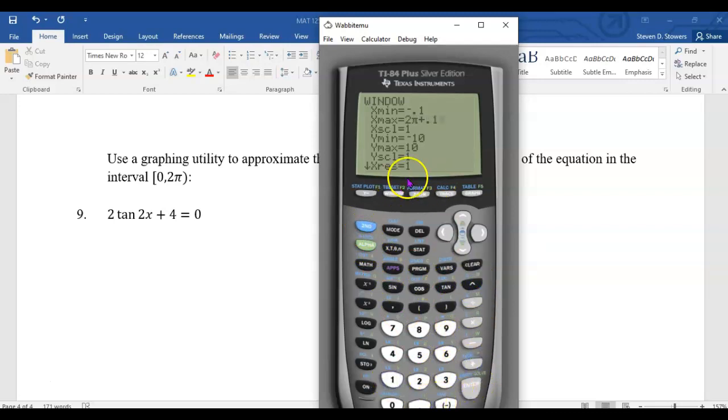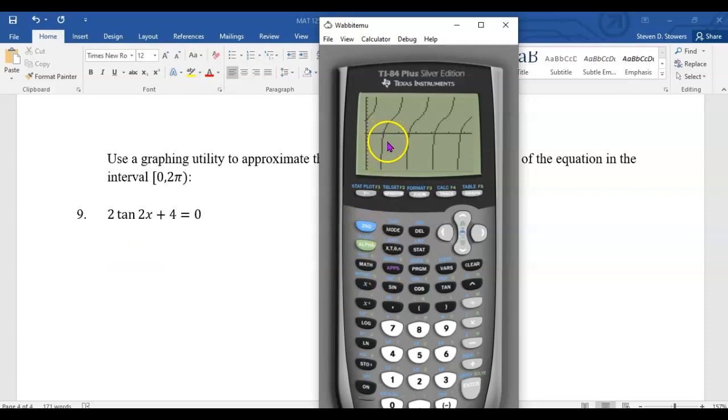So we have room to see if there's anything right at the ends of that interval. So it looks like we have 4 x-intercepts in that interval, 4 solutions to that equation that are somewhere between 0 and 2 pi. Now let's ask the calculator to help us find them.